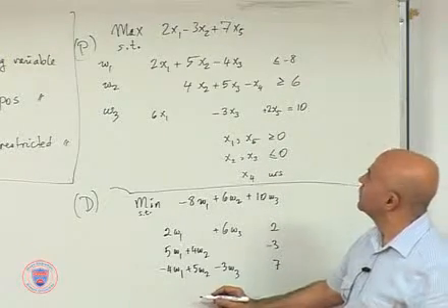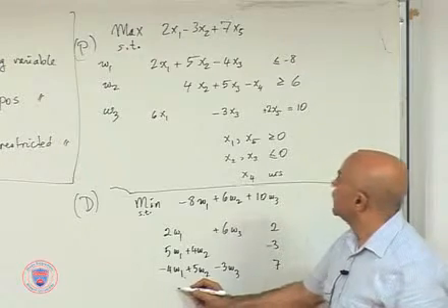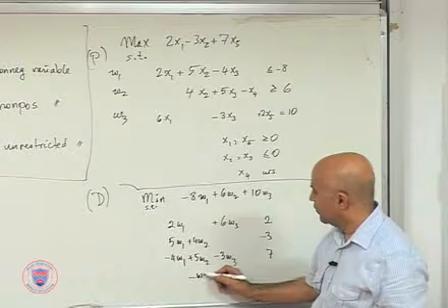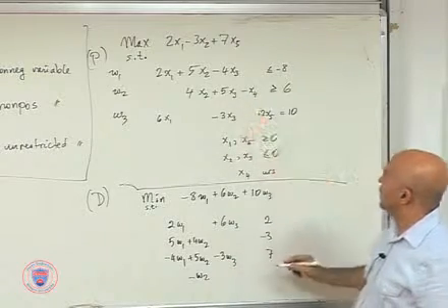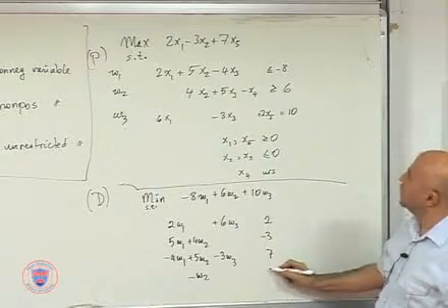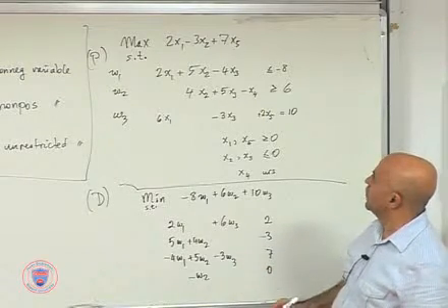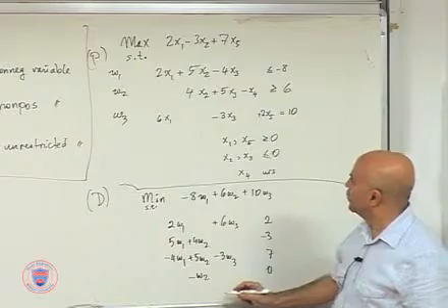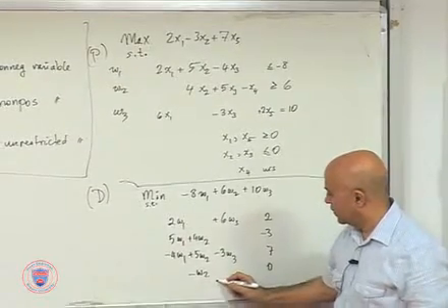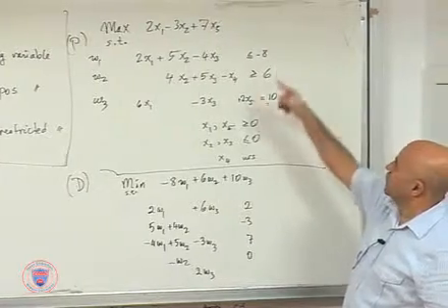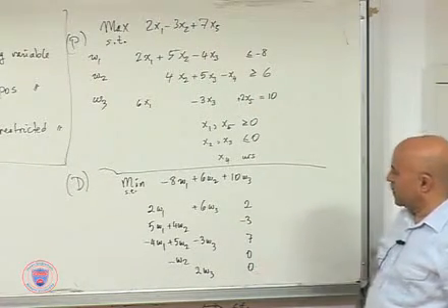Then we have minus W2, on the right side we have 0, and then we have 2W3, and on the right side we have again 0.